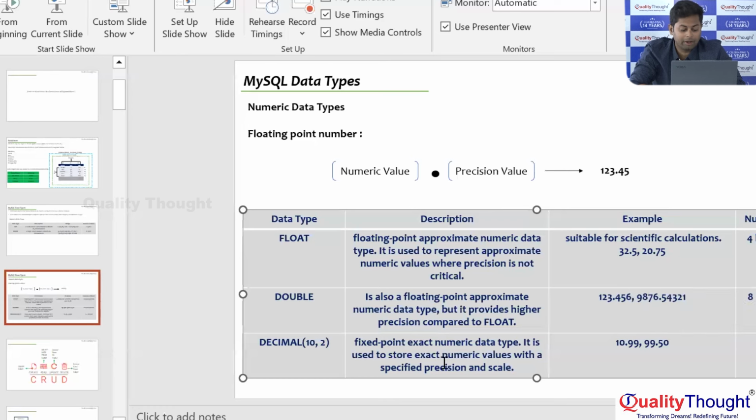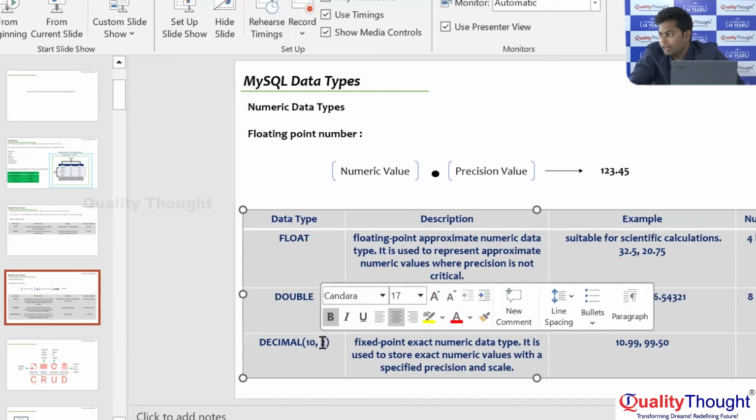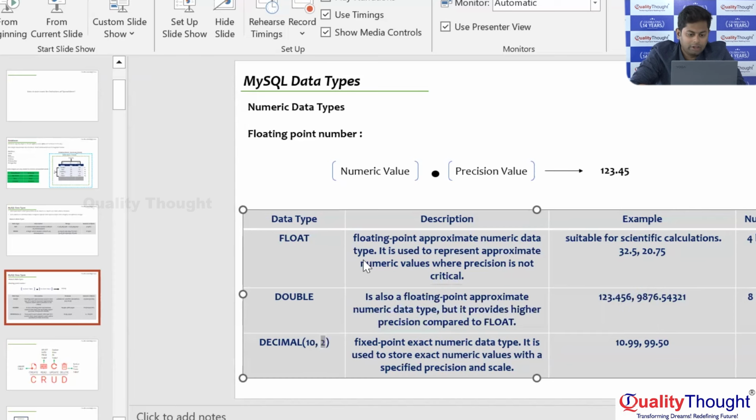It depends on the precision value you choose here. That tells MySQL how many bytes it requires to store a floating point number in the database. Are you all following what I am saying? Are you all following, online audience? Could you please confirm, is it clear to everyone?